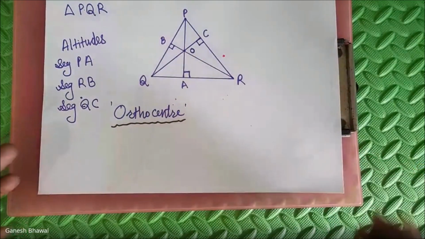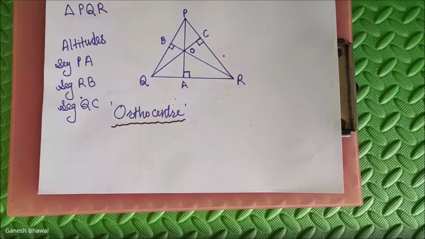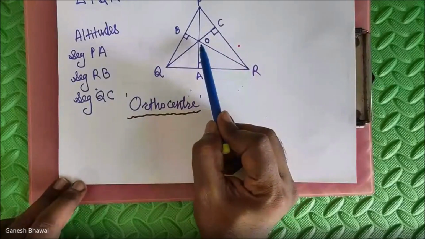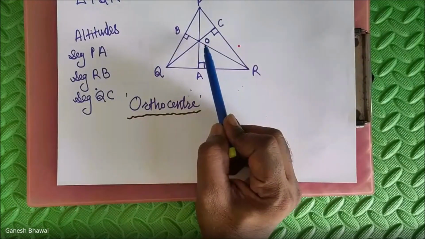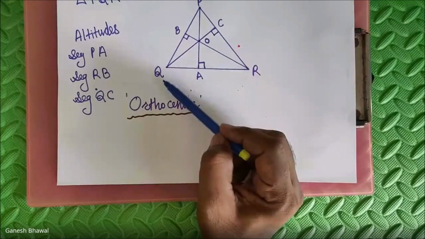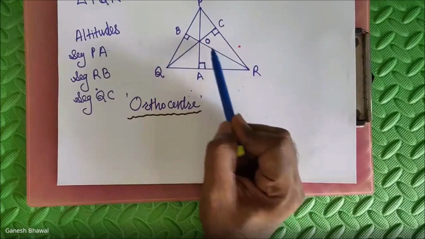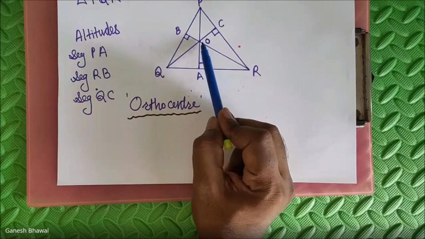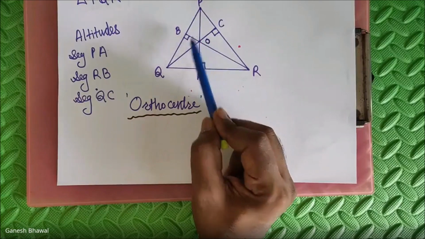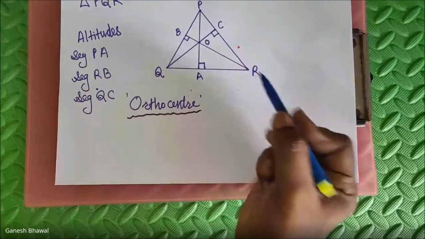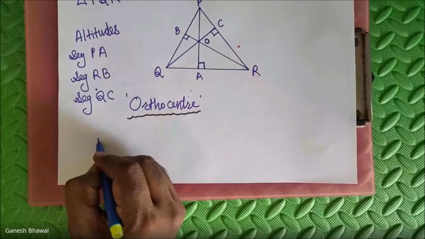First we will see the acute angle triangle. If you see the orthocenter of this acute angle triangle PQR, it is inside. It is in the interior of the triangle. So write down the first point.